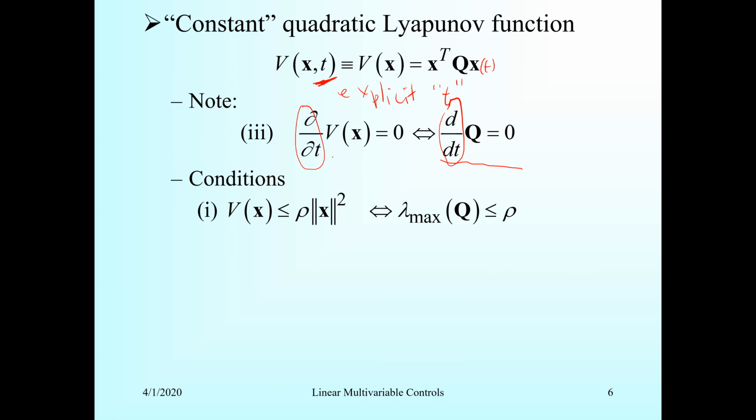Because this is constant and upper bounded, it is linked to my maximum eigenvalue here. Remember Q still satisfies Q equals Q transpose.